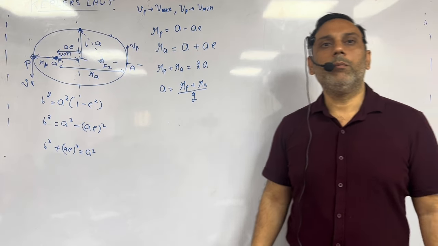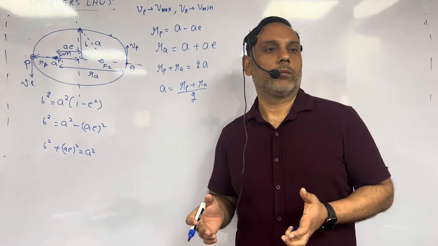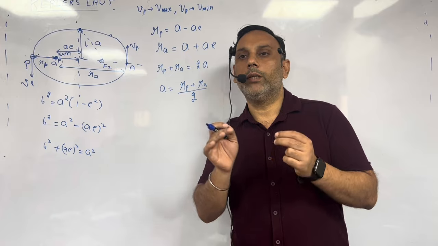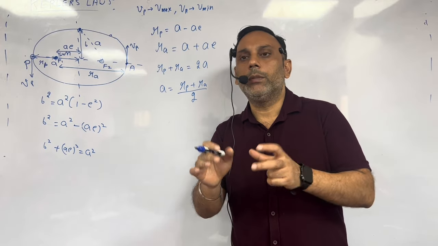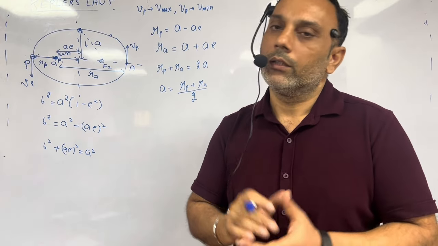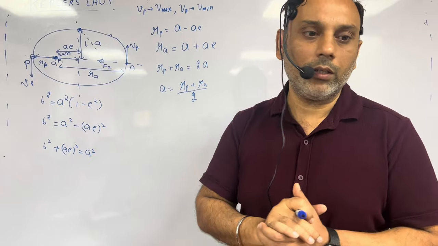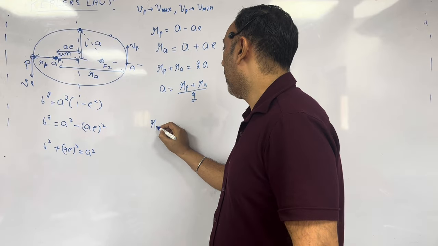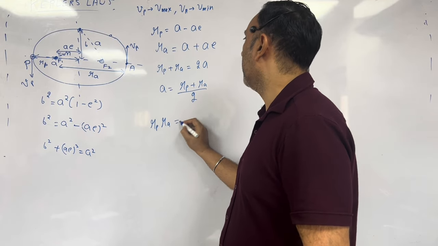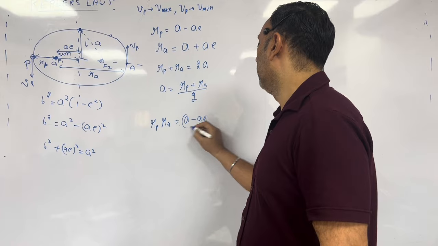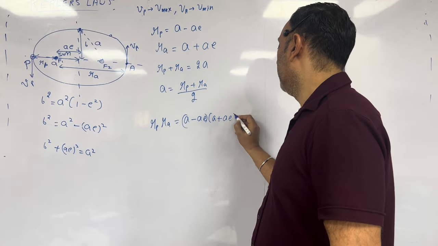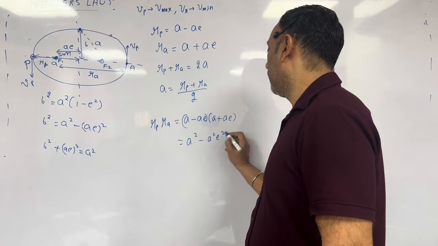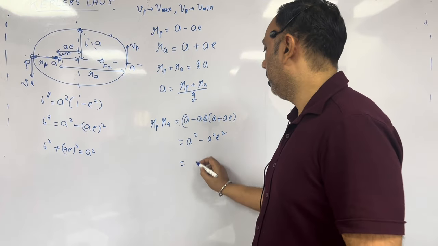It means the semi-major axis is nothing but the arithmetic mean of perigee and apogee distance. So if somebody gives you perigee distance and apogee distance, indirectly they are giving you the semi-major axis. Similarly, if you multiply Rp and Ra, you get (A minus AE)(A plus AE), which is A square minus A square E square, that is B square.